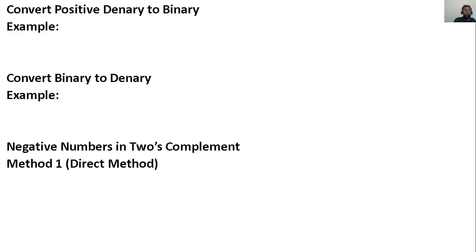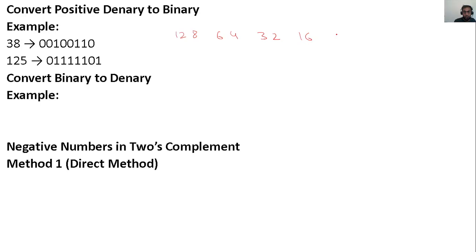Let's move forward and convert a positive number to binary. Let's convert another number, 38, into binary. What we first do: 128, 64, 32, 16, 8, 4, 2, 1. We have to remember this sequence. In 8-bit numbers, this is 1, 2, 4, 8, doubling them. So any number that is less than 38: 32.